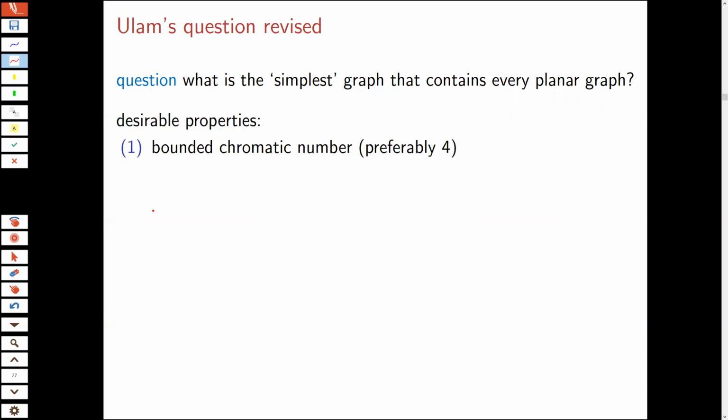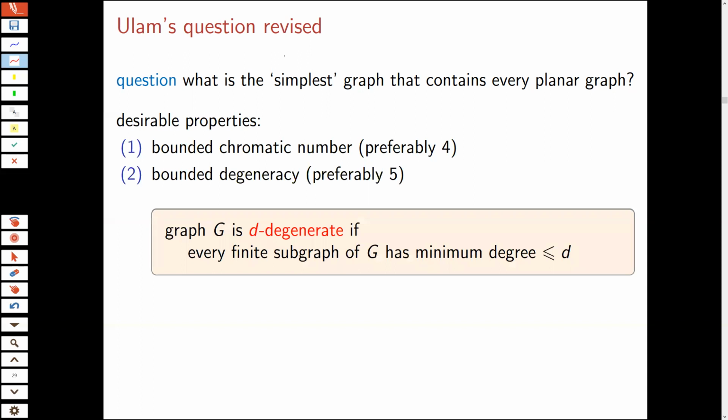So what would be the desirable properties of this simple graph? Well, surely you'd want it to have bounded chromatic number, because planar graphs are four-colorable. You'd want this pseudo-universal graph to also be four-colorable, or at least have bounded chromatic number. An important structural property of planar graphs is that they are 5-degenerate.